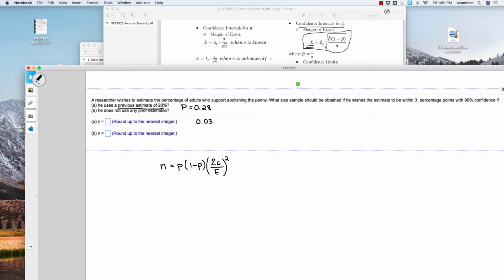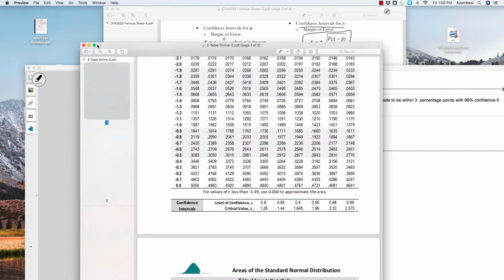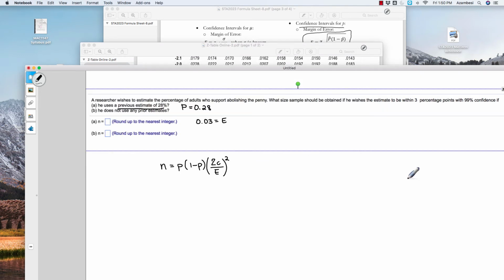Be careful that you square this last term because that is probably the most common mistake, is not squaring it. So we want to be at the 99% confidence interval. So going back to my z table, confidence interval of 99% means that I need a ZC of 2.575.